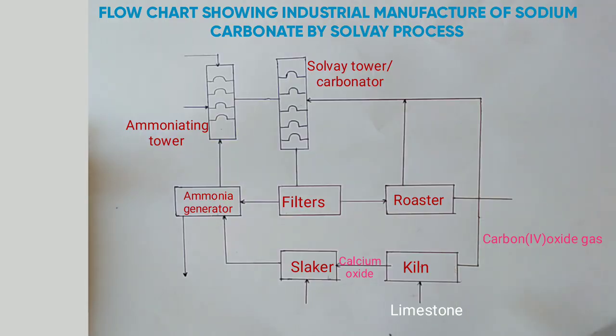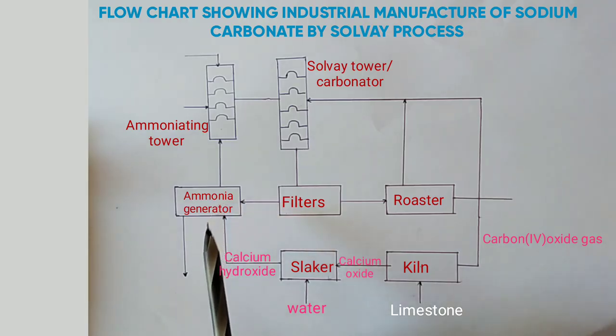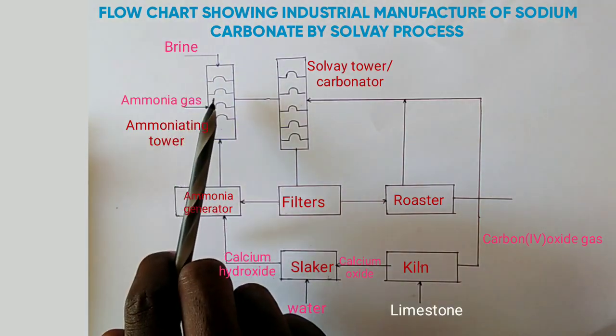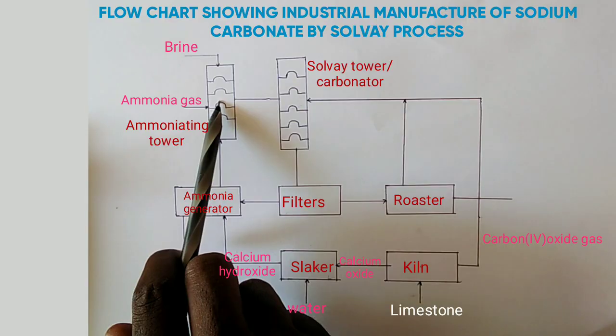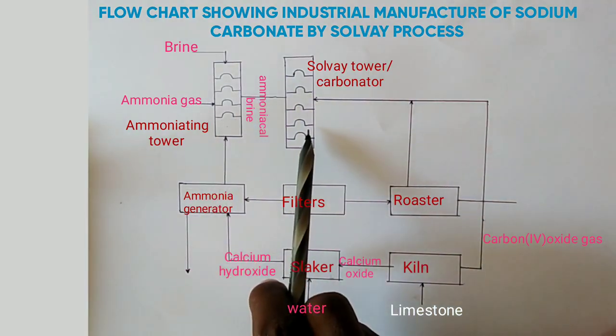Now, in the slacker, water reacts with calcium oxide formed from the kiln to form calcium hydroxide, which is pumped to the ammonia generator here. Now ammonia and brine enter this part, which is called the ammoniating tower. They mix together to form ammoniacal brine here, which is pumped to the Solvay tower.